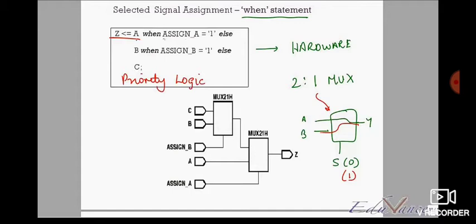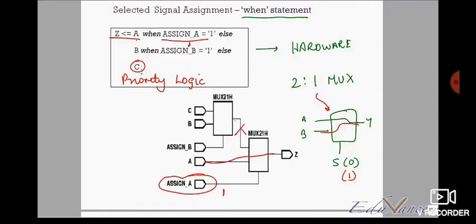This means assign A has higher priority compared to assign B, which has higher priority compared to C. So if I want a situation where A should go through to Z, then assign A needs to be 1.